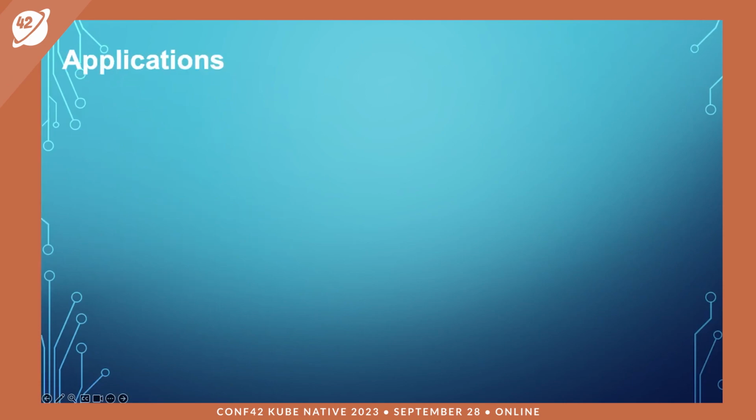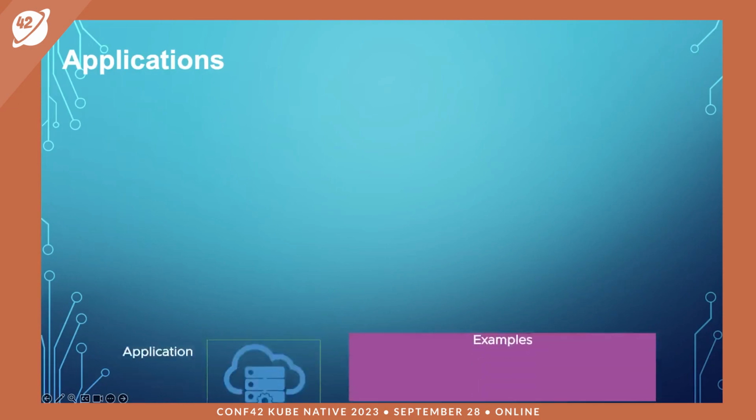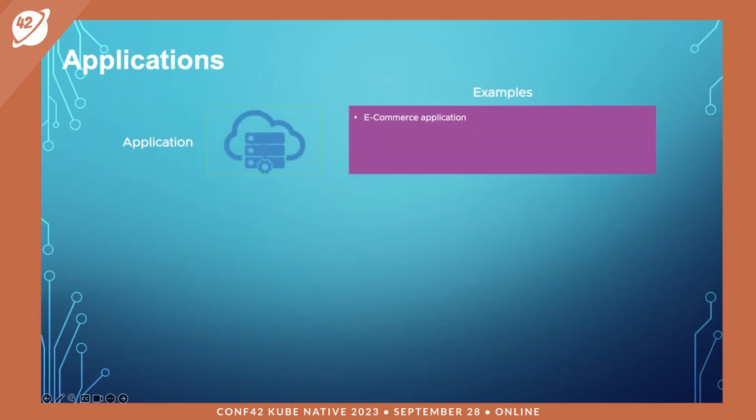So what are applications? There are many different types of applications, right? We have e-commerce applications where people want to buy things. Of course, there are a lot of mobile applications, iPhone, Android, different IT systems that are used to track different business processes, recommendation systems. All those applications have one thing in common.